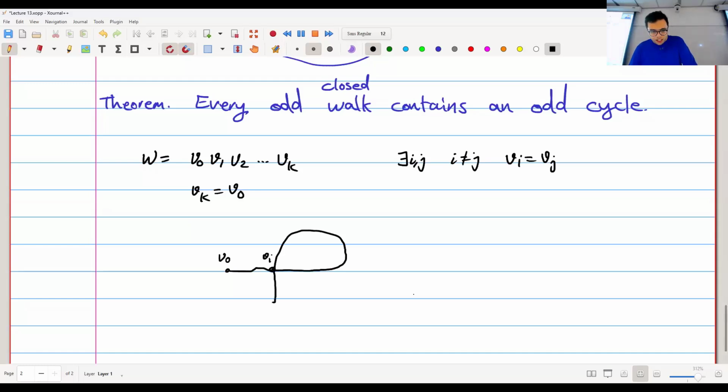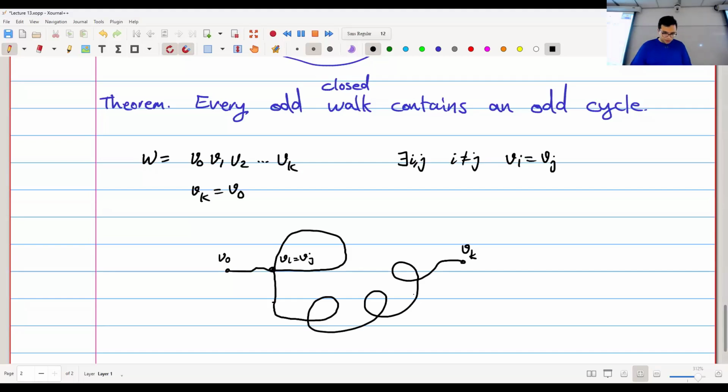So this is Vi, which is the same as Vj, and then I'm going somewhere else, maybe crossing myself a few more times until I'm getting to Vk. And remember, this Vk was the same as V0. Let's say I go back to V0.